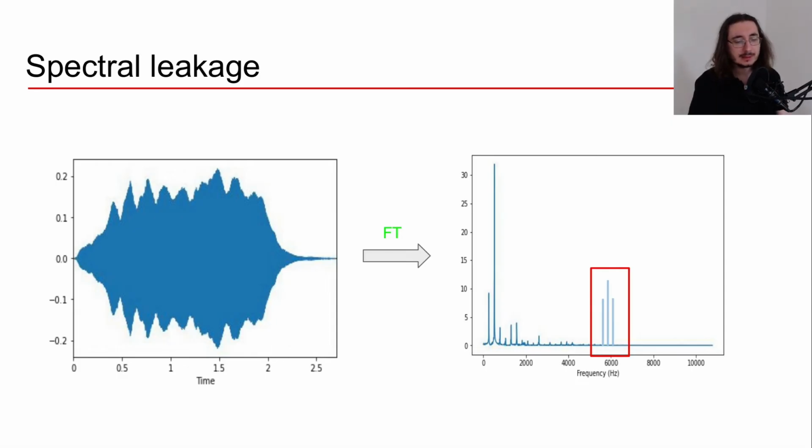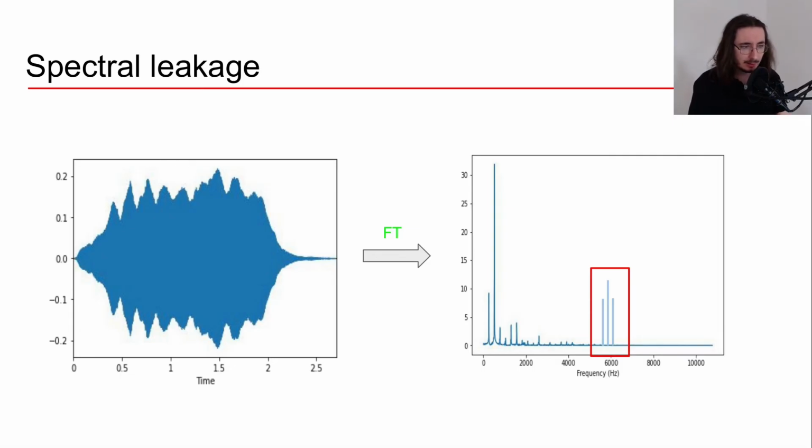Now, this is an example of spectral leakage. These frequency components don't really exist. They are just an artifact that comes from the discontinuities in the original signal that we've analyzed. So when you have spectral leakage, usually you would get some higher frequencies which have some substantial contribution to the sound, which indeed shouldn't be the case because these are artifacts.